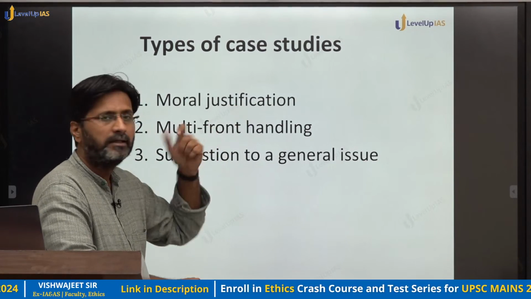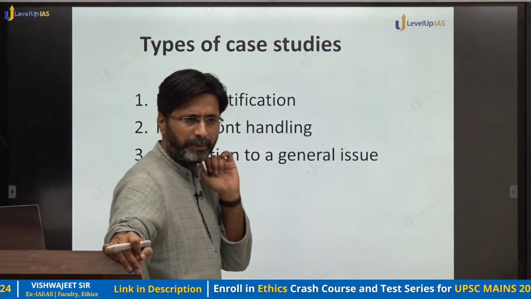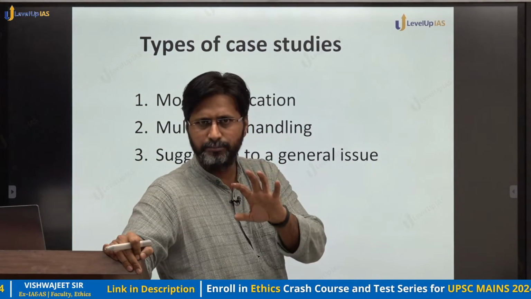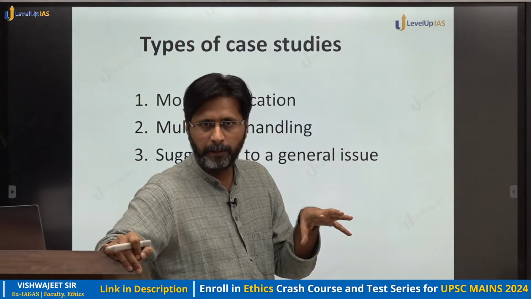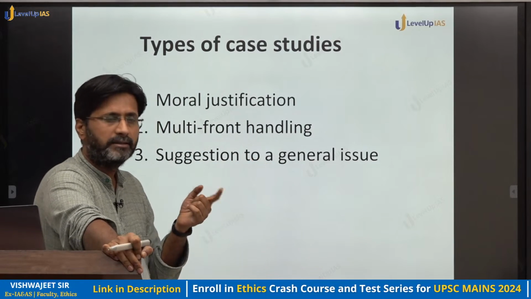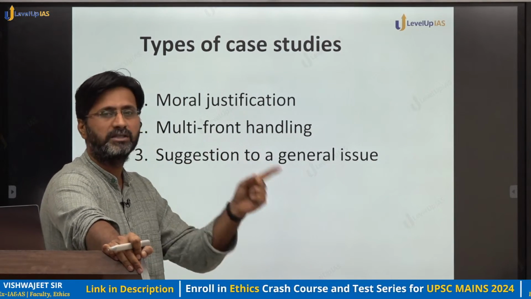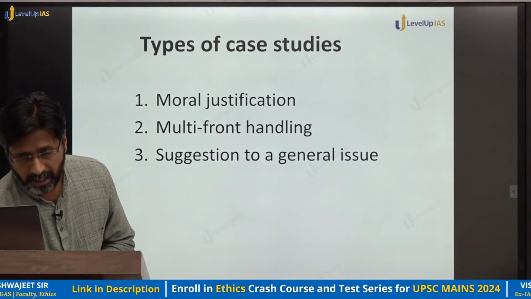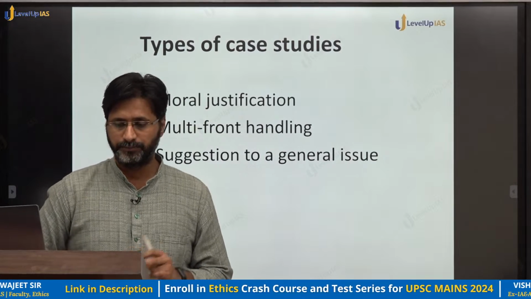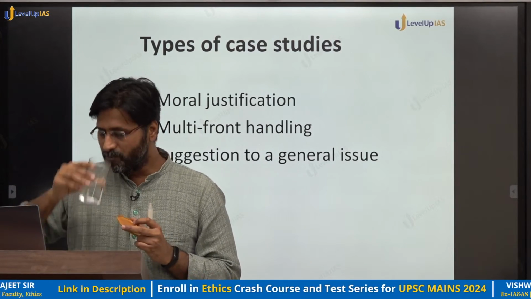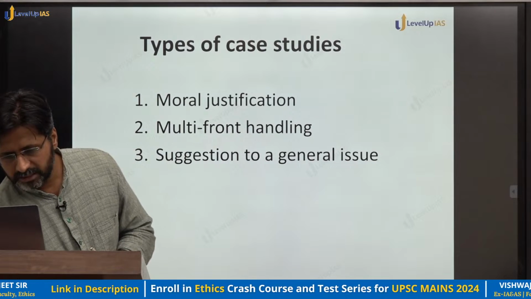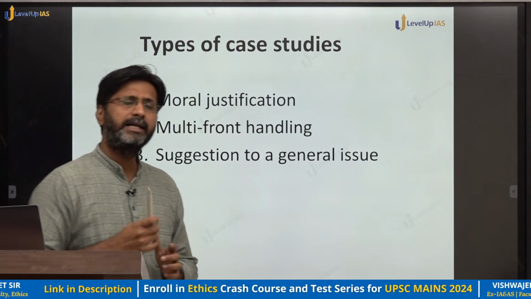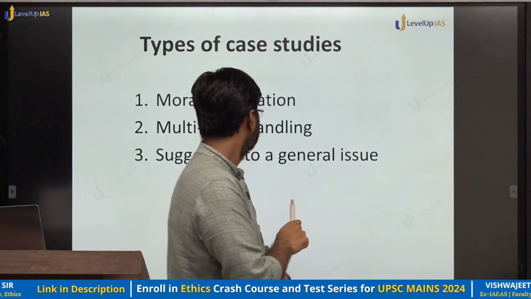An important thing is, in case studies, many think that stand is important, but when it comes to our paper, more important is the justification of the stand and articulation of that justification, right? So justification is important and articulation of justification is important, right?